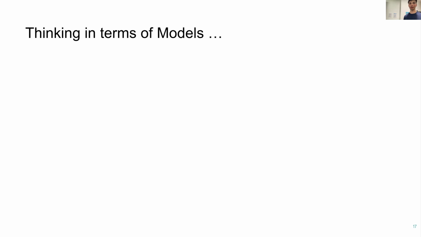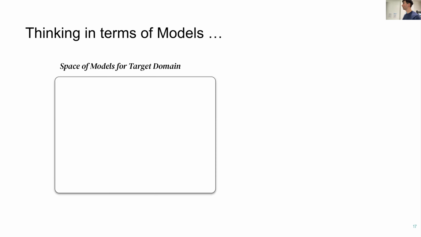So I find it quite useful to think about success or failure in these kinds of transportability problems in terms of the underlying models that generate both the source data and the target data. You can imagine that on the one hand, you have the space of all possible models for the target domain.